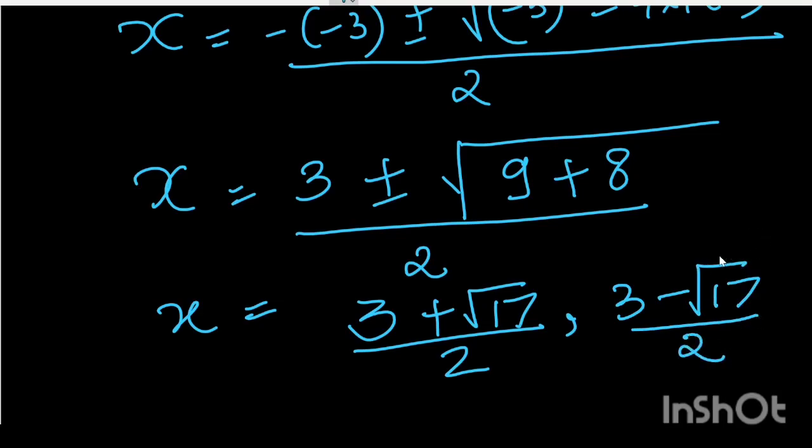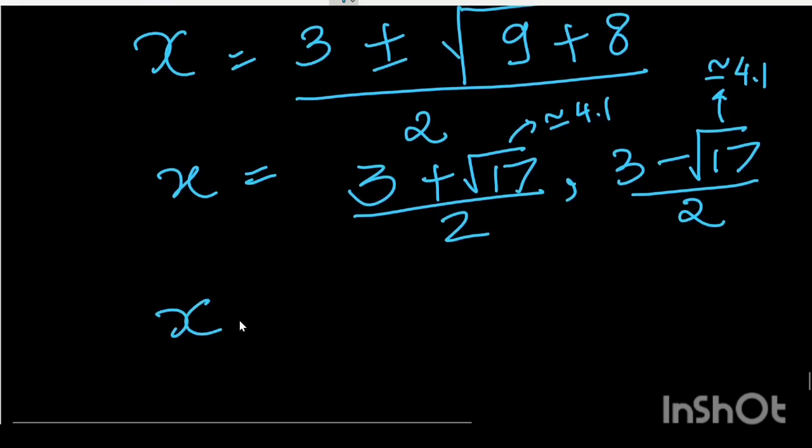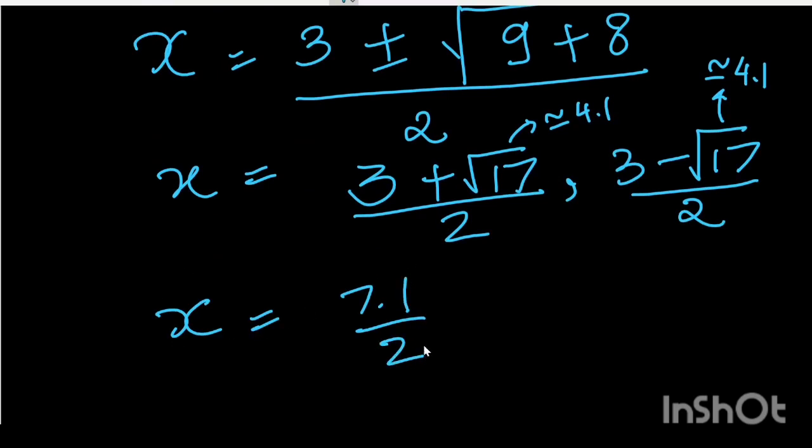Root 16 is 4, so root 17 is approximately equal to 4.1. So this becomes 4.1 plus 3, 7.1 by 2, and the other is 3 minus 4.1 by 2.